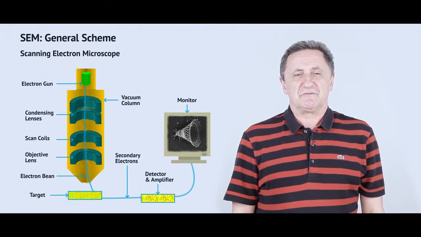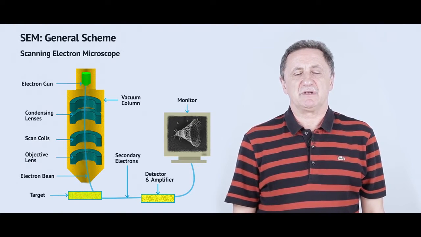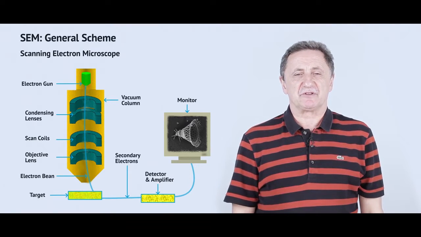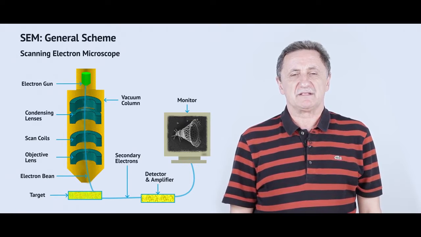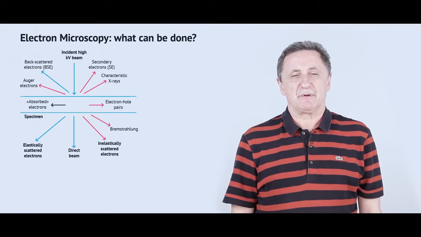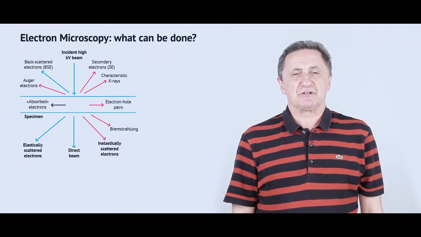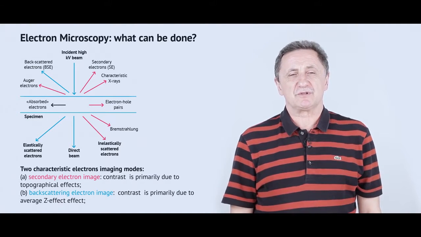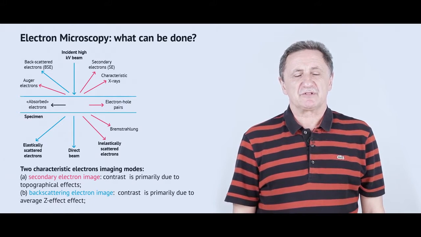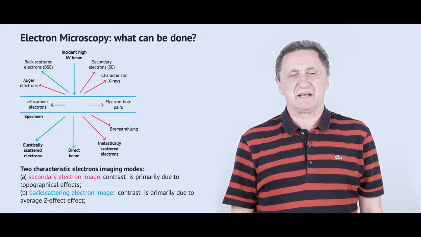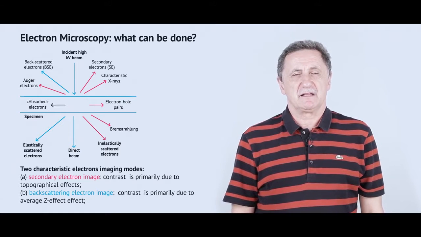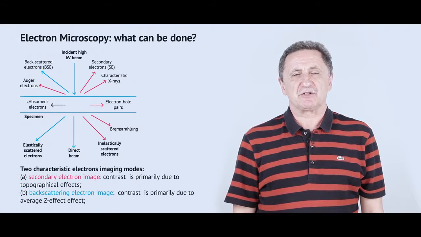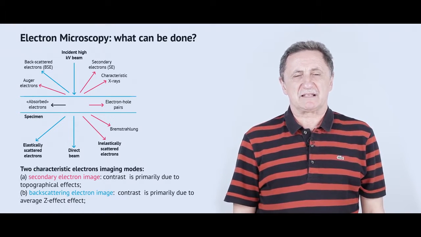Different kinds of information can be obtained by analyzing the results of interaction of this beam with the sample. So what kind of interaction are we talking about in this case? First of all, 2 modes of electron imaging. First, we can image backscattered electrons. You can imagine that some number of electrons after interaction with the surface will be backscattered.